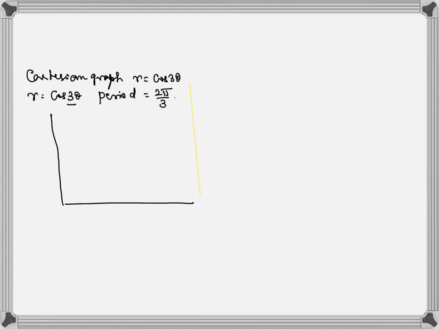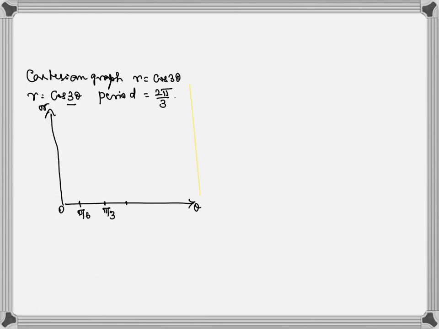So that's what we are going to be doing here. The Cartesian graph of r equals cosine of 3 theta has the period 2 pi over 3.